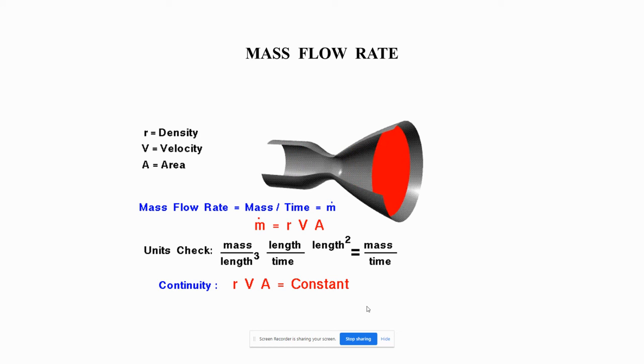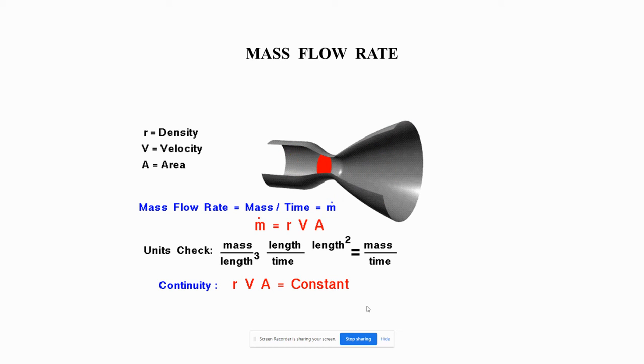Here velocity is given as v and area as A. So mass flow rate can be defined as the product of density, velocity, and area. From this, the continuity equation also follows: the product of density, area, and velocity always remains constant.